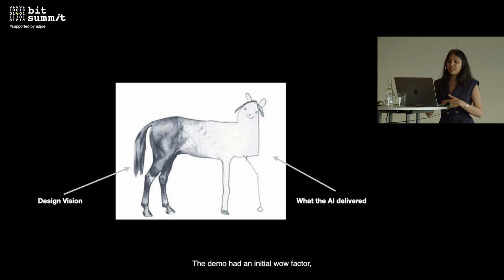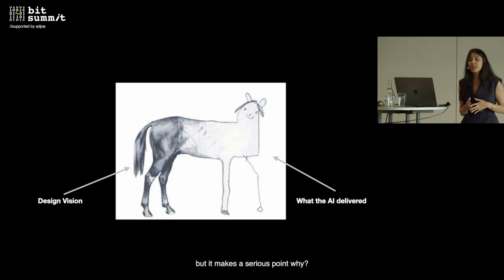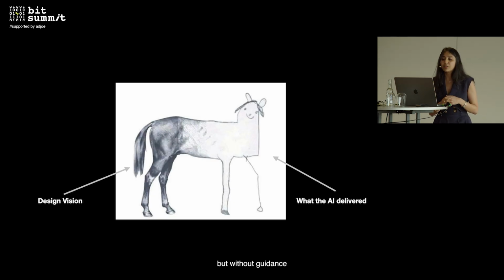The demo had an initial wow factor, but it failed the compliance checkmarks. And this is exactly what I call the inflated expectations. This meme is funny, but it makes a serious point. AI looks impressive, but without guidance, it can miss the mark.